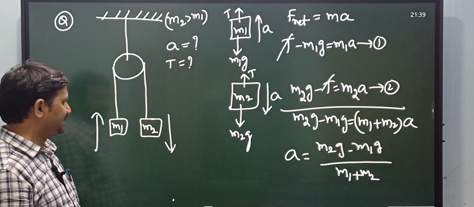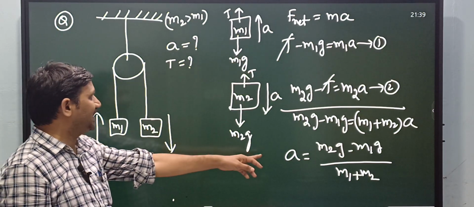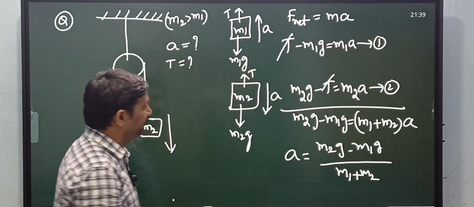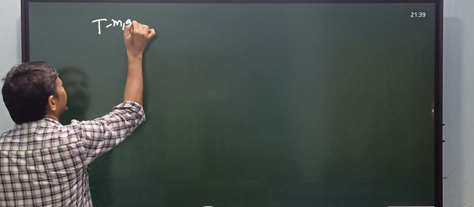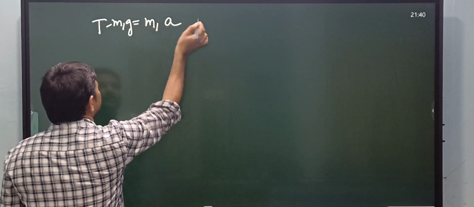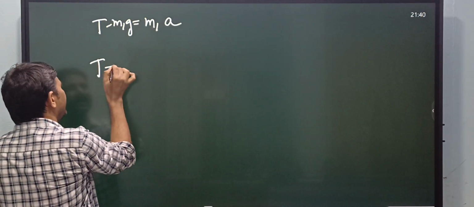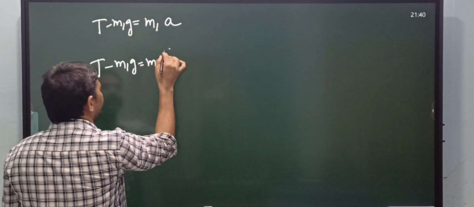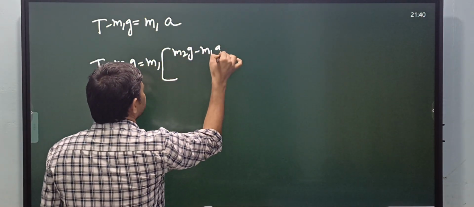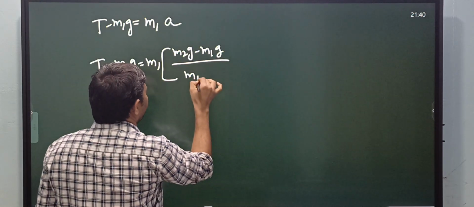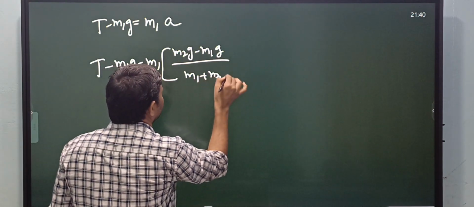Now calculate tension. Substitute this acceleration A value in equation number 1. What is equation number 1? T minus m1g is equal to m1 into A. Substitute that acceleration here: T minus m1g is equal to m1 into (m2g minus m1g) divided by (m1 plus m2).